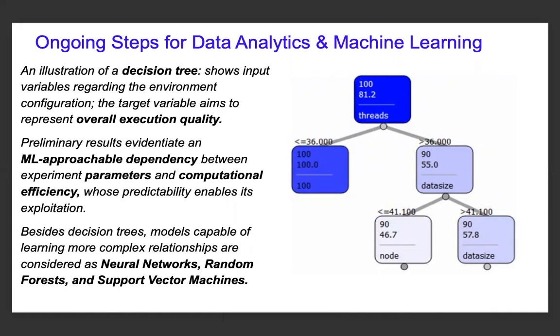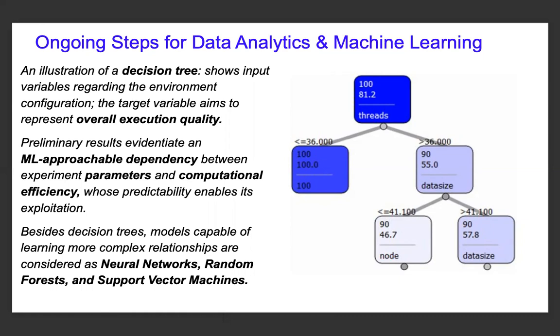As we can see, we constructed a decision tree. This decision tree shows the input data, or the input variables, regarding the environment configurations. The target variable aims to represent overall execution quality.